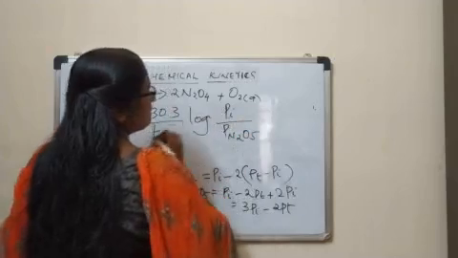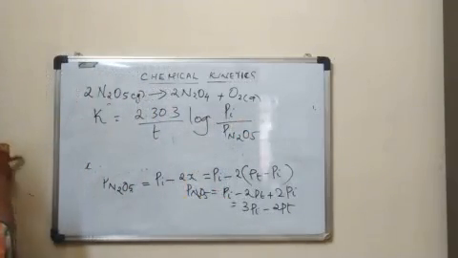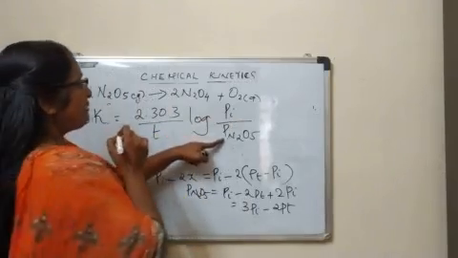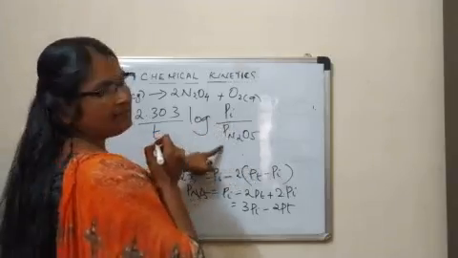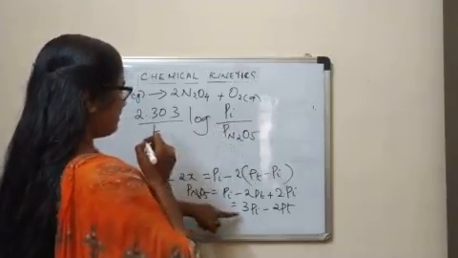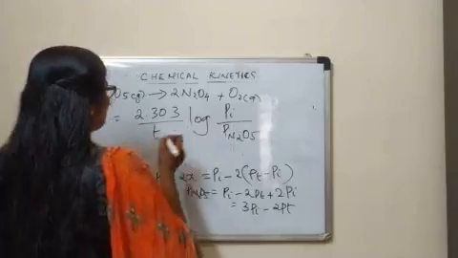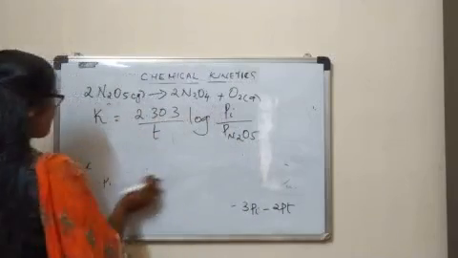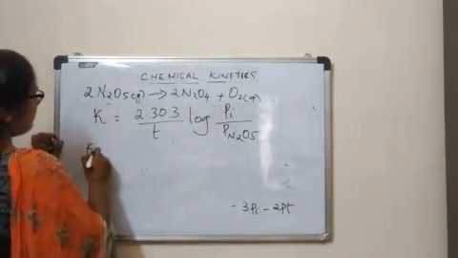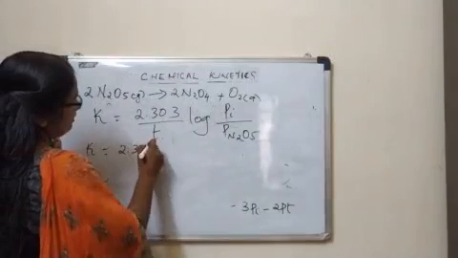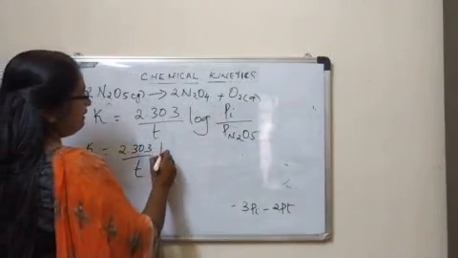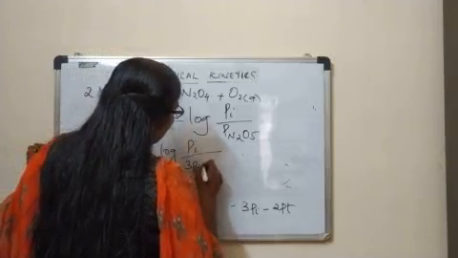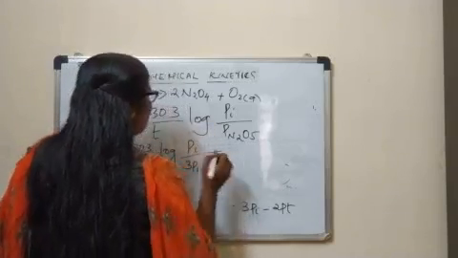Pi is the initial pressure, and PN2O5 is the pressure due to the reactant after a time T, that is equal to 3 Pi minus 2 Pt. So K is equal to 2.303 by T log Pi divided by 3 Pi minus 2 Pt.